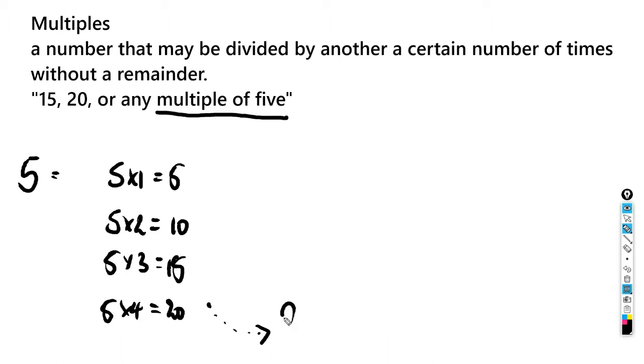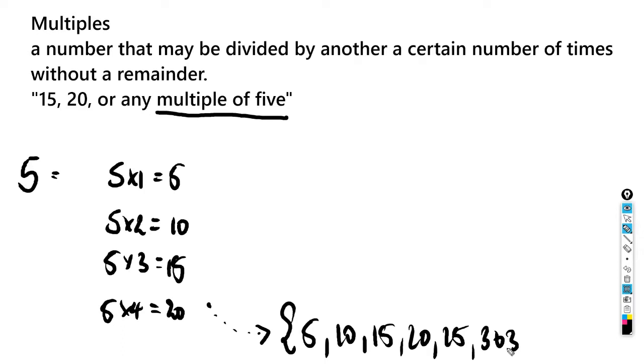That's a set of multiples for 5. 5 is a multiple of 5. 10 is a multiple. 15 is also a multiple. 20, 25, 30, 35, 40, and so on. And it goes on forever.